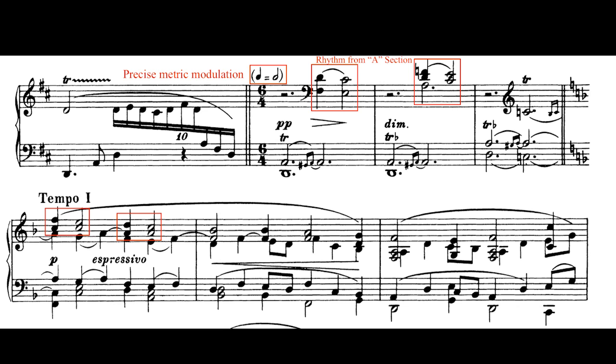I think time is supposed to kind of stand still here, and these ominous rumbling trills in the left hand are supposed to really fill some space and fill us with a sense of foreboding.